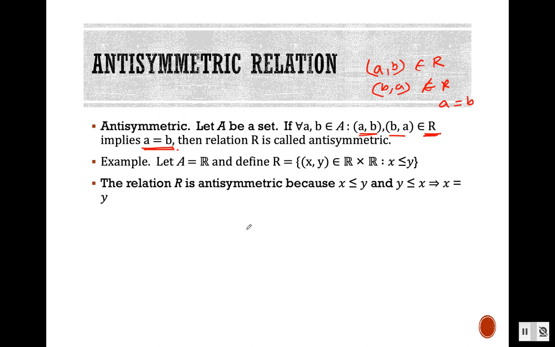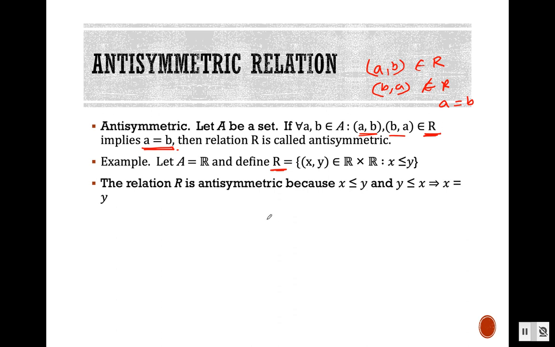Okay, let's see one example. Let R be a relation where (x, y) belongs to the Cartesian product of reals, and x is less than or equal to y.